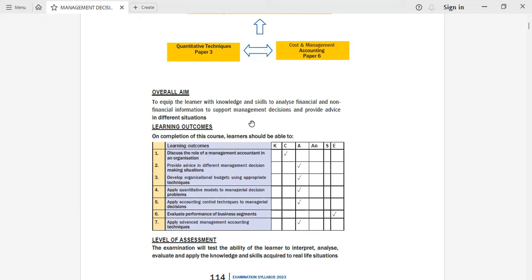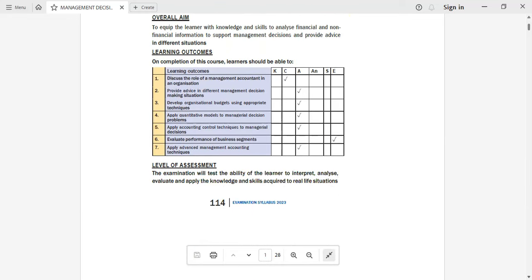So we have to look at the level of assessment according to the institute, because they say the examination will test the ability of the learner to interpret, analyze, and apply the knowledge and skills acquired to real life situations.